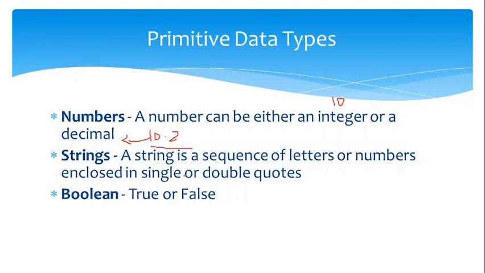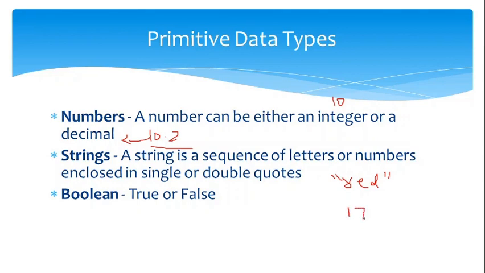Strings. A string is a sequence of letters or numbers enclosed in single or double quotes. If you see the string red, these are characters, and if you write it in double quotes, that will represent a string. A string is nothing but a group of letters or numbers.